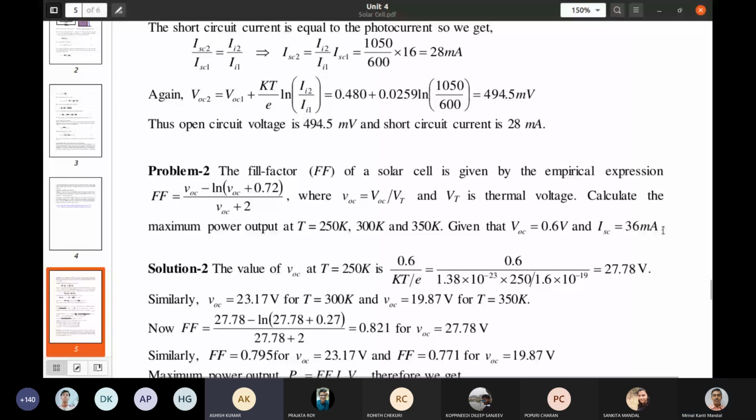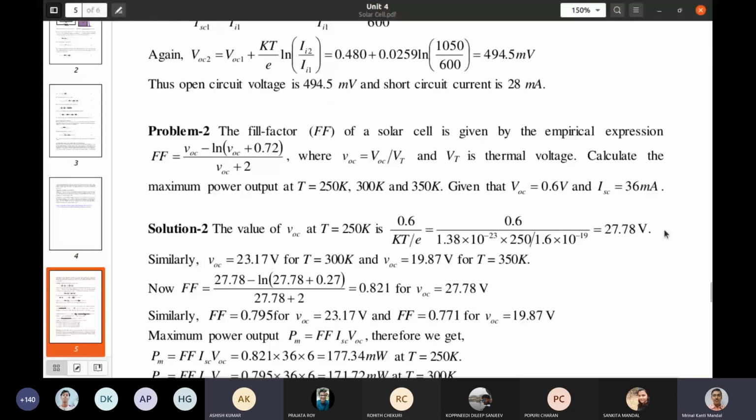Right? The value of VOC at T equal to 250K. So if you put T equal to 250K, what is being asked? Calculate the maximum power output. Power output you have to calculate, that is fill factor multiplied by ISC VOC.